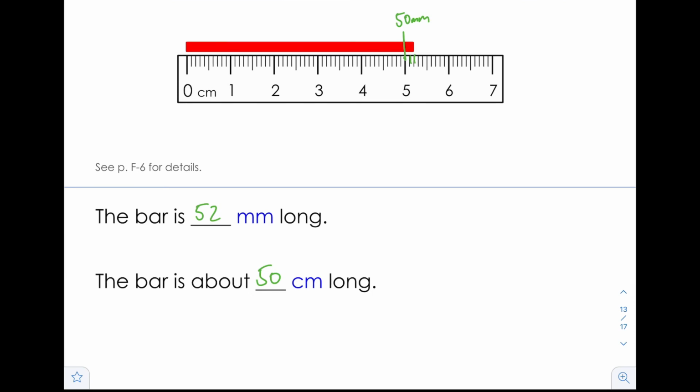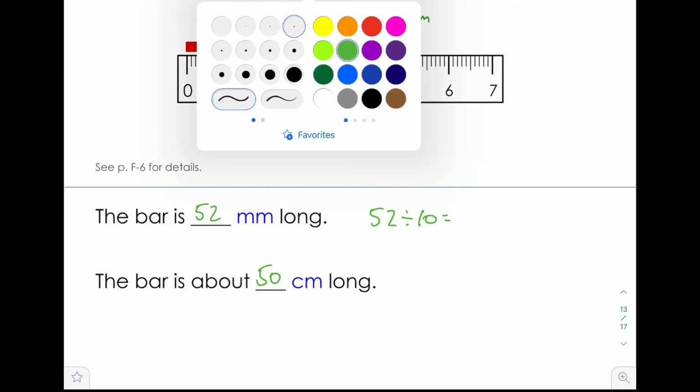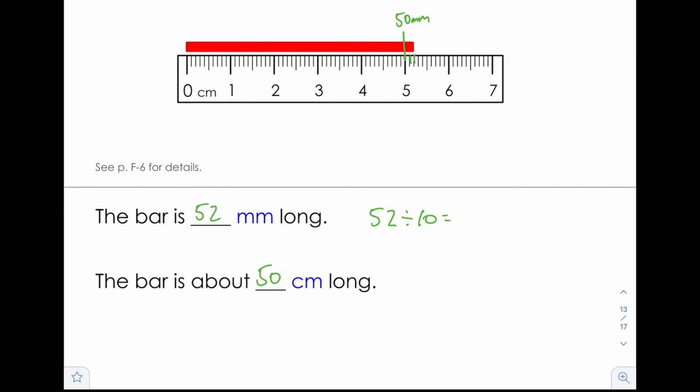Now to actually convert it, we would do 52 divided by 10. And if you're thinking that's really complex, it's actually not too hard. Imagine that there is a decimal point, or let's go 52.00. That's the same value. So if this was money, this would be $52, this would be $52.00. So it's showing the same thing. When I'm dividing by 10, all I'm doing is moving that decimal spot 1 to the left.